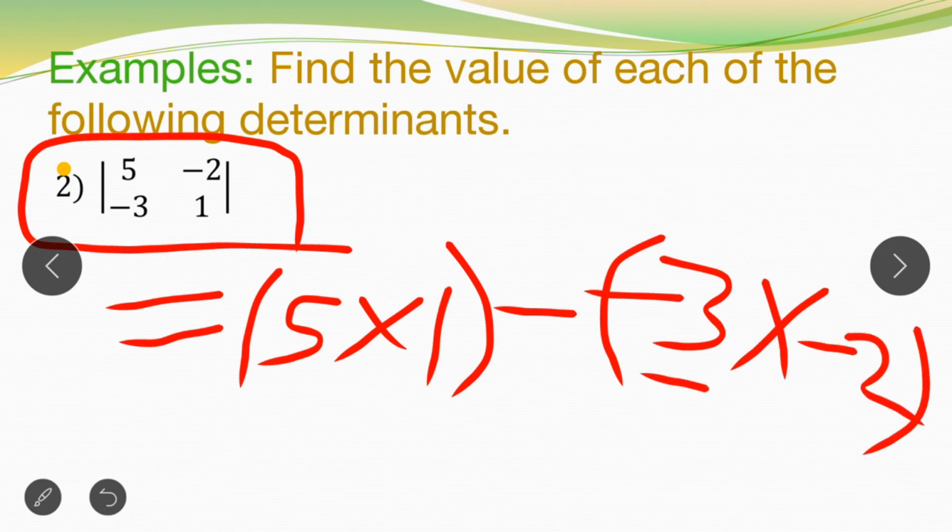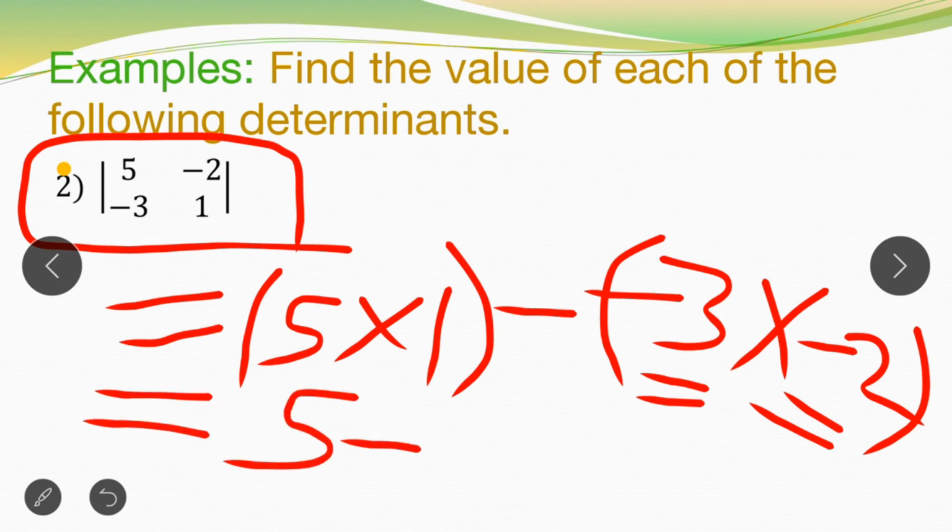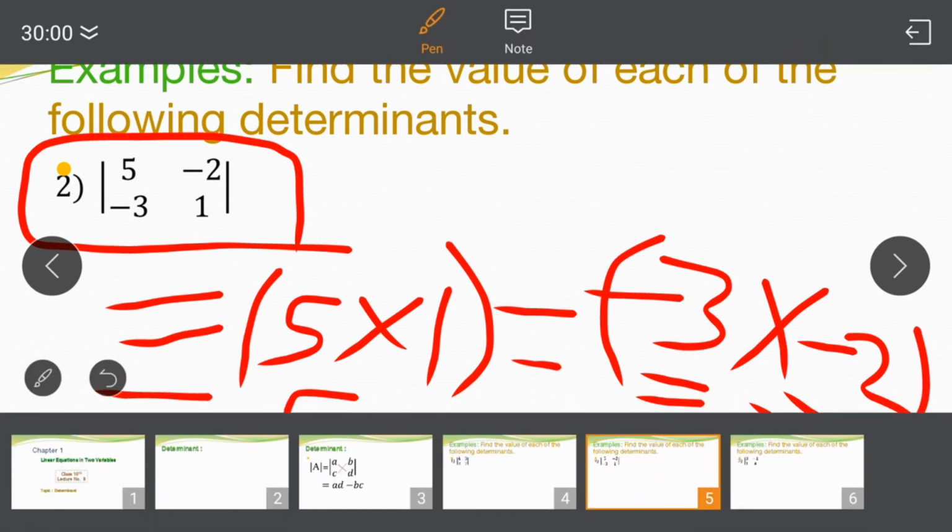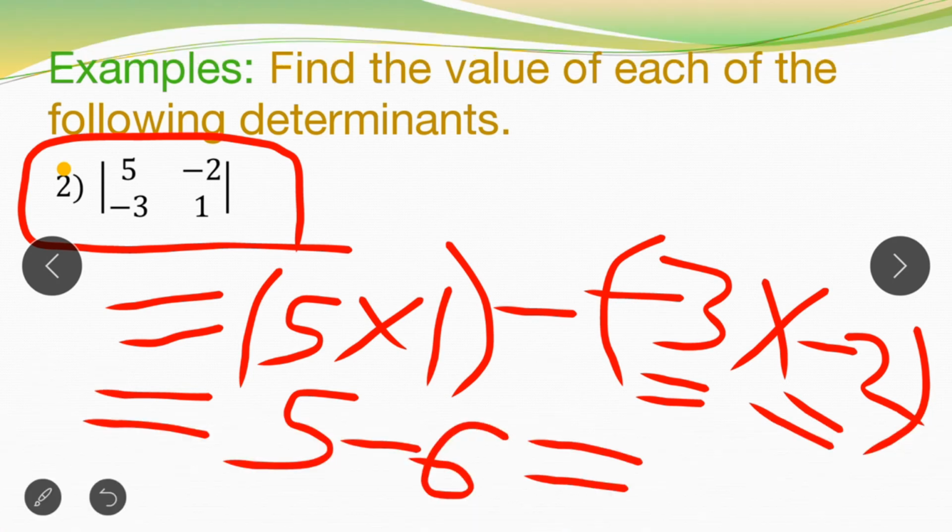Here in this bracket both numbers are negative, and the product of two negative numbers is positive. So the first term is 5, and minus 3 into minus 2 is plus 6, but outside is minus, so it is minus 6. 5 minus 6 is minus 1. The answer of this determinant is minus 1.